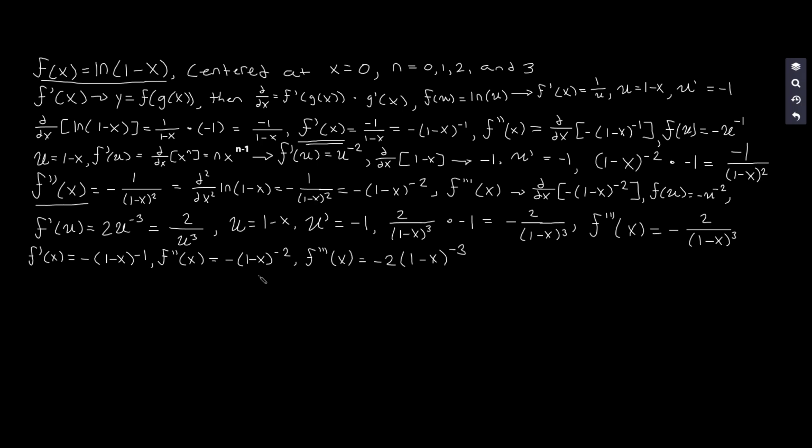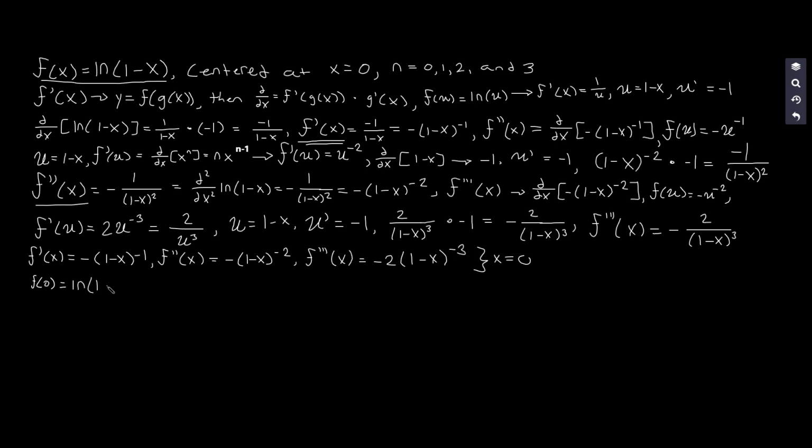And so now what we have to do is find those values right here. These values need to be found at x equals 0, because it's centered at x equals 0. So let's see. For the original function, f of 0 equals ln of, ln of 0.